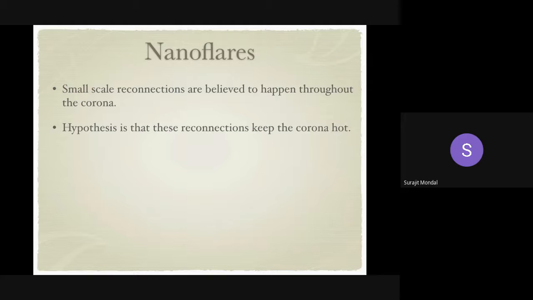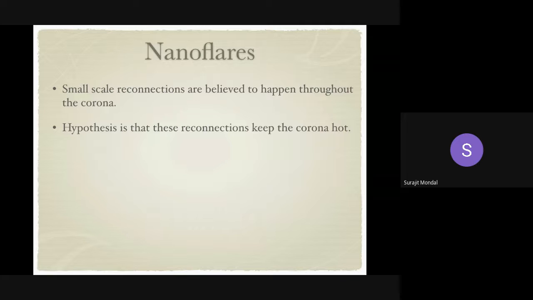Now, I have talked about these magnetic reconnections. I also talked about how these magnetic reconnections can heat the corona so much that strong X-ray flares can happen. However, these big flares are relatively small in number. It is believed that small-scale reconnections are happening throughout the corona.